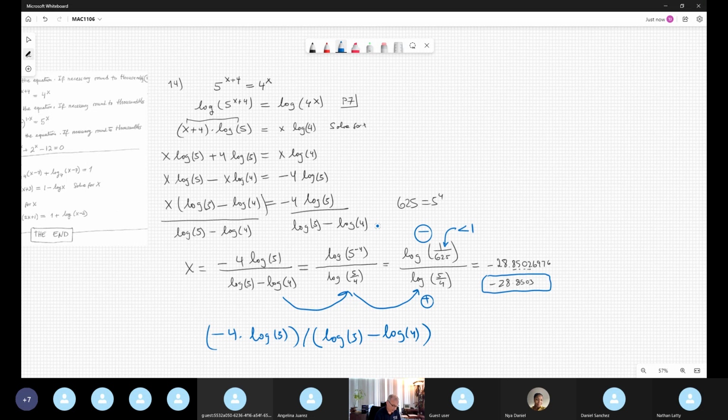One first parenthesis ending logarithm of 4, and one second parenthesis ending the bottom part. Same result either way.